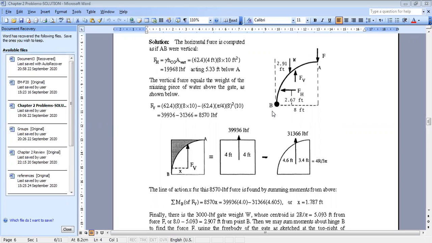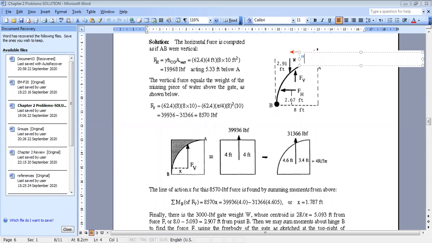If you go to the formulas of centroid for a quarter of a circle, the distance between the point of application of the weight and the vertical, from here to here, is 2r over pi.